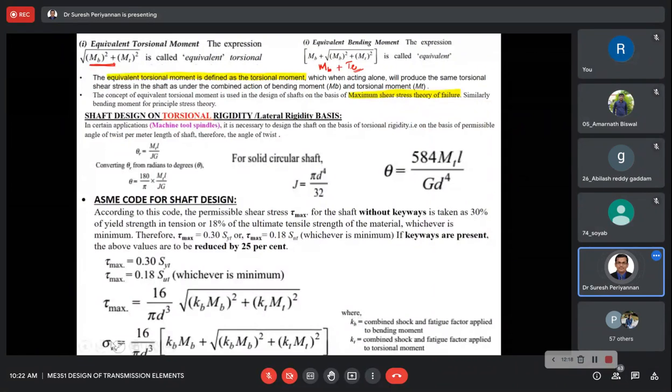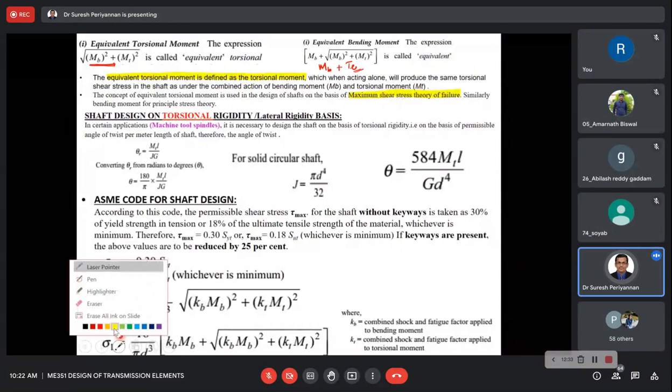Very important: when we go for torsional rigidity, the very important parameter we consider is the angle of twist of the shaft.